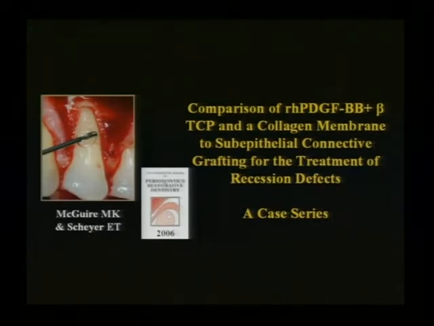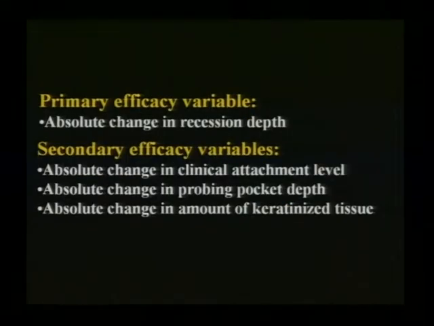With my interest in soft tissue, I said, let's see if we can leverage that to cover root surfaces. So we started with a small pilot, and our primary efficacy parameter was just an absolute change in recession depth, but we also looked at attachment level, probing pocket depth, and amount of keratinized tissue.